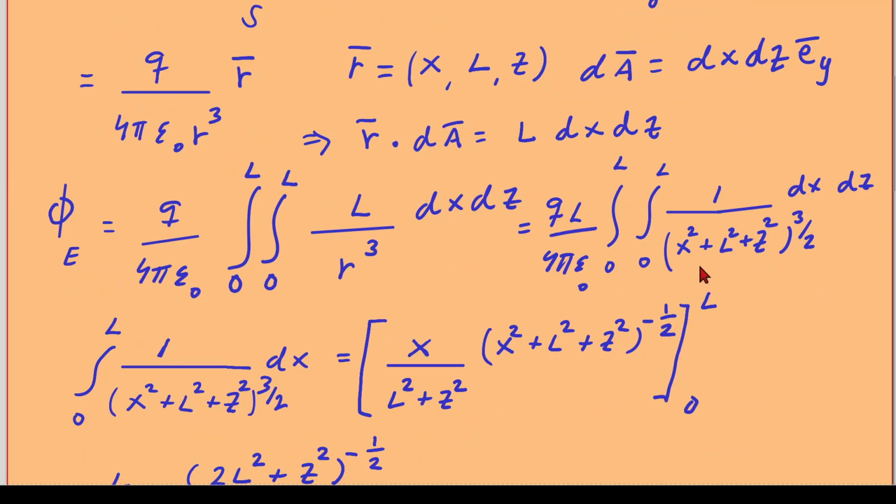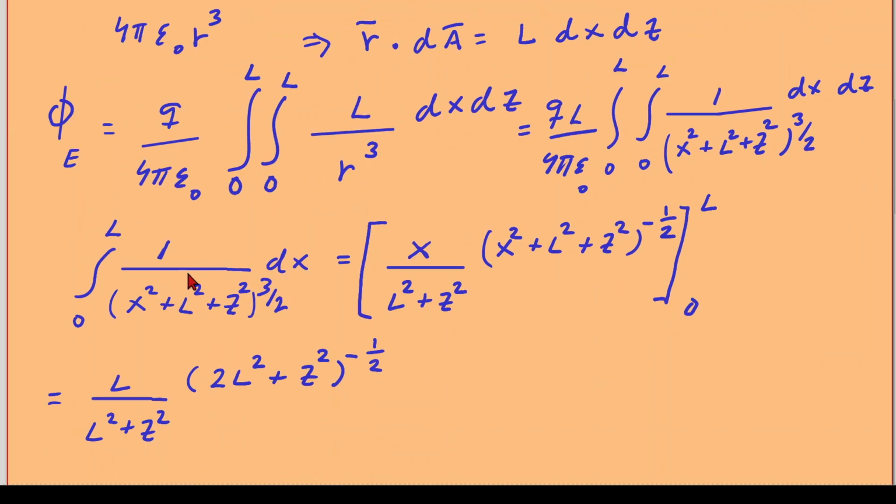So with the double integral, we can first integrate this guy here with respect to x. When we integrate that, everything except x can be seen as a constant. So L and z are treated as constants, and x is the variable.